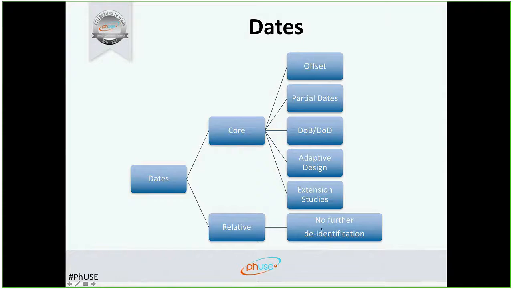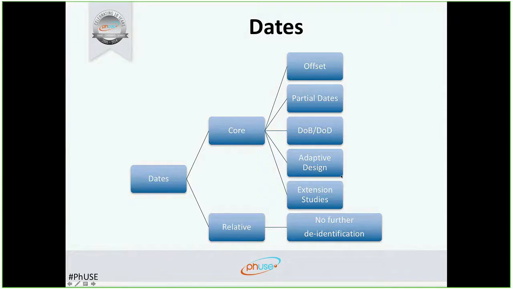If it's a relative date, we consider it's already de-identified and no further identification is required. If it's a core date, we need to offset it. Special attention needs to be taken for partial dates, date of birth, date of death, or particular types of dates that need to be considered separately.